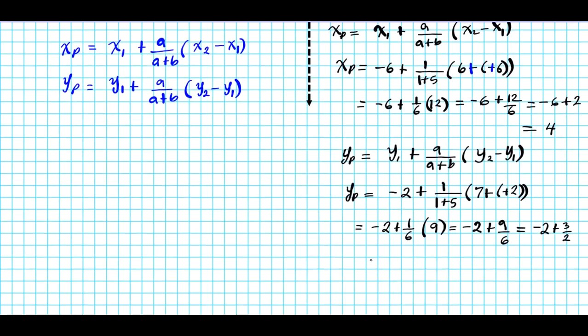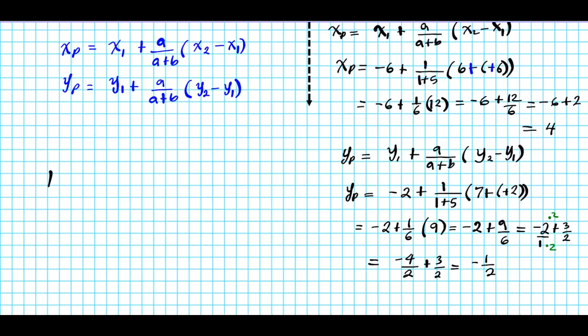You find the LCD by expressing negative 2 as a fraction, and then you multiply it by 2 top and bottom. Remember, denominators of fractions must be identical in order for you to combine them. So this combines to give you negative 1 over 2.